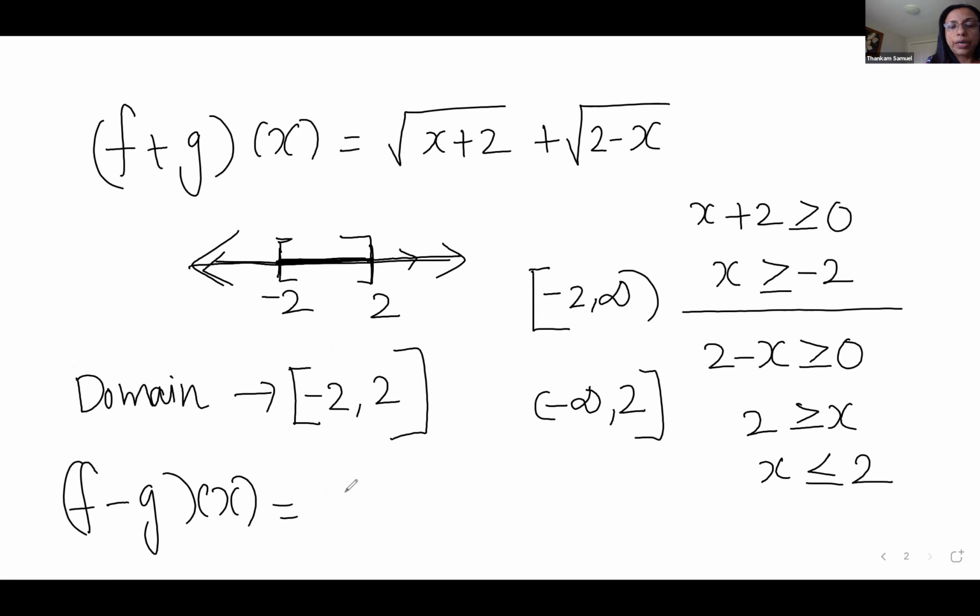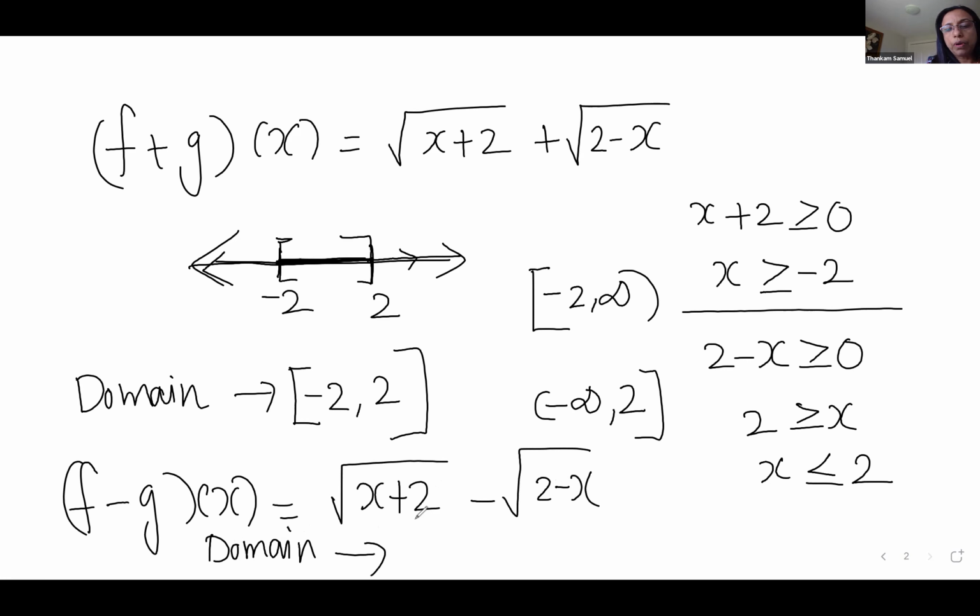So the domain of that function is also the same. You can see that these are the two functions. We already found the domain of both the functions and also the domain common to both. So the domain of f minus g of x is also -2 to 2. Okay.